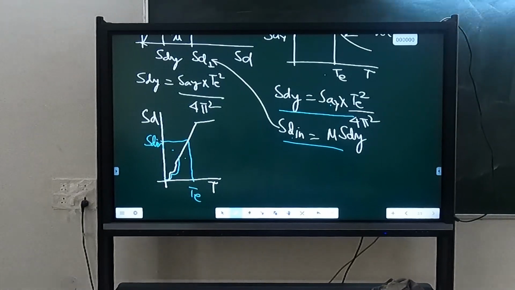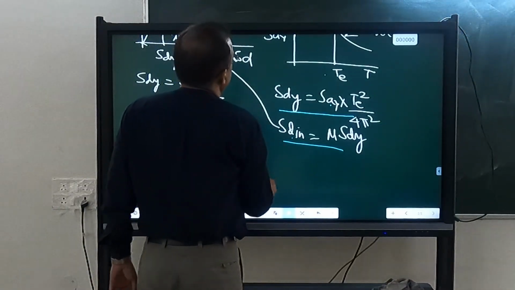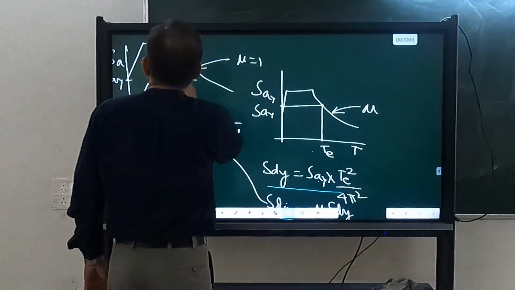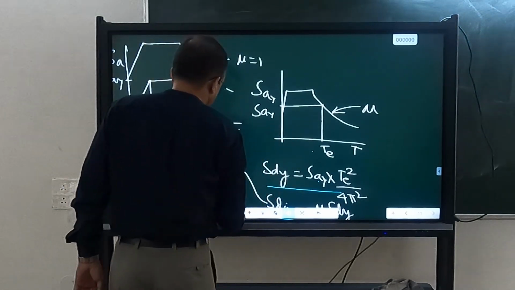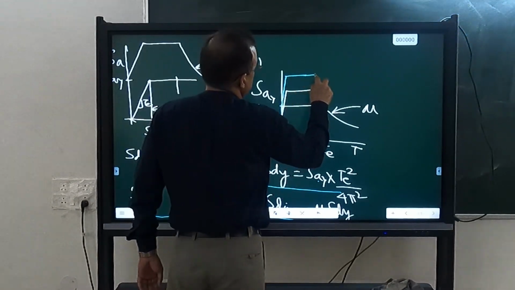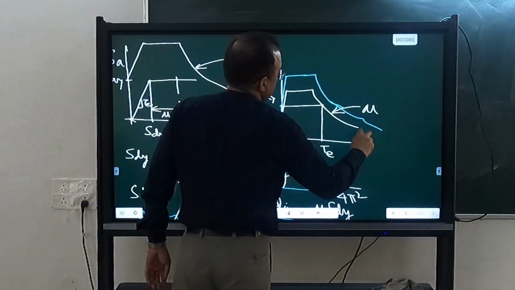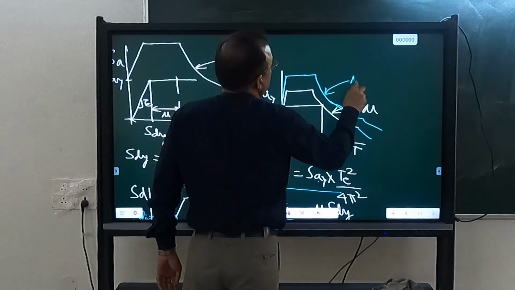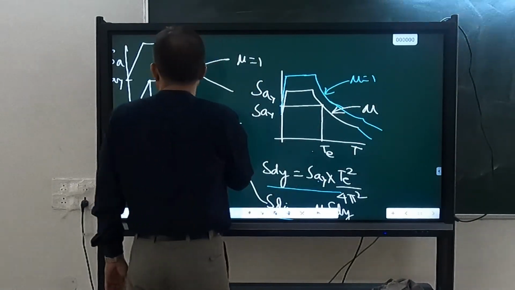We have reduced, whatever was the ductility, we have reduced. The original curve was this, that was for mu equal to 1. So this is for mu equal to 1, and this is for this mu.